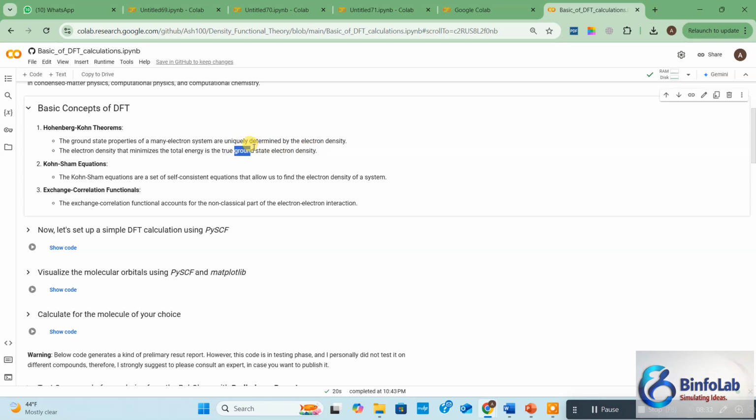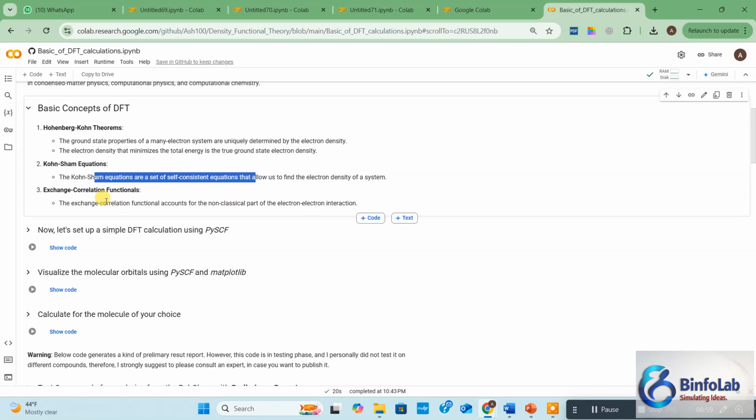The one which is captured from the ground state. But how will we calculate the electron density? For that, we will use Kohn-Sham equations. These are a set of equations which calculate the electron density of the system.